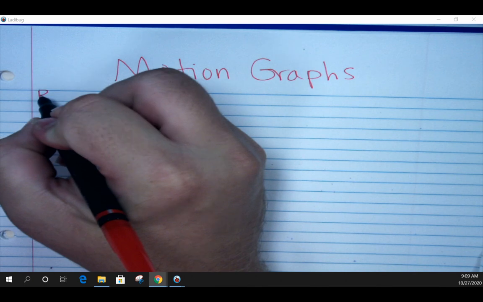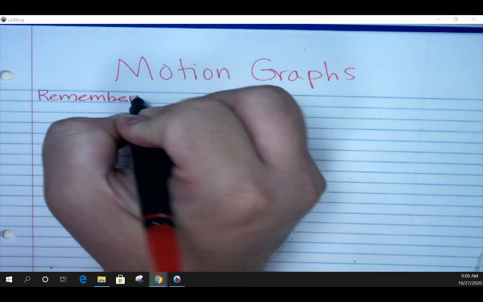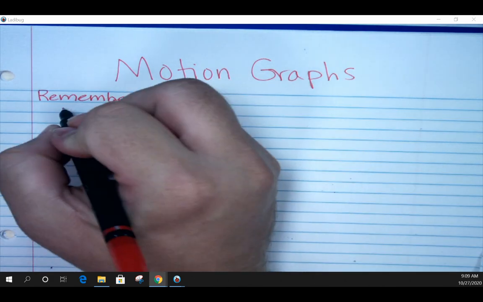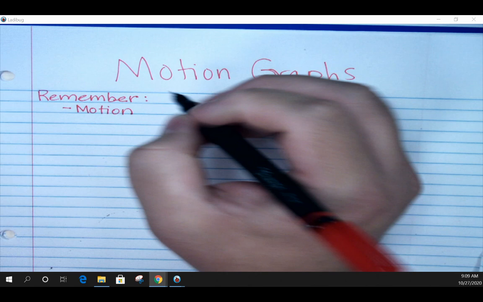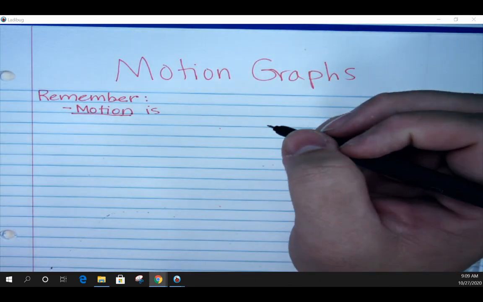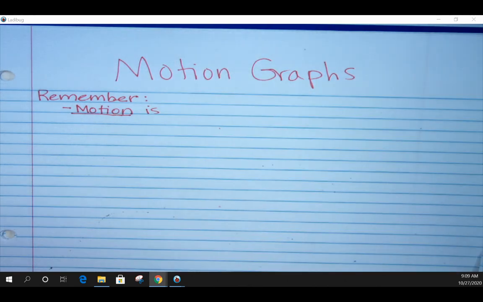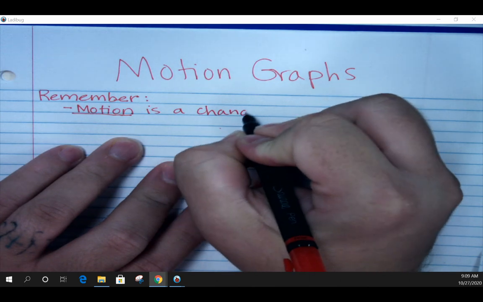When we do this, you have to remember some things. Motion is what? What did we say motion was yesterday? It's a change in your position. Good. A change in position.